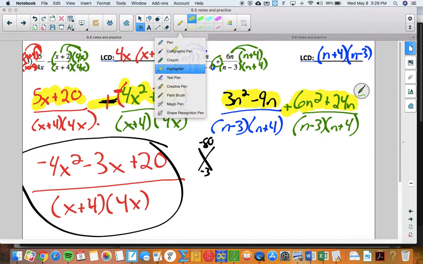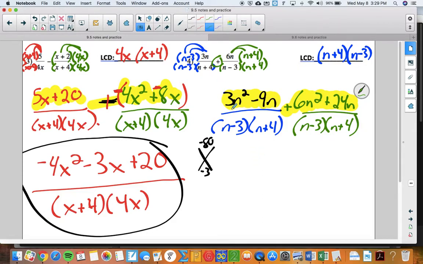So when I combine the n squareds, I get 9n squared. When I combine the n's, I get 15n, all over n minus 3 times n plus 4.